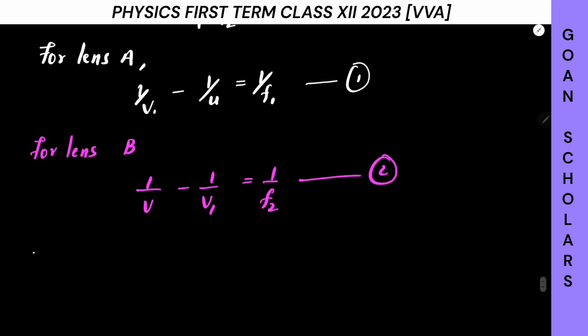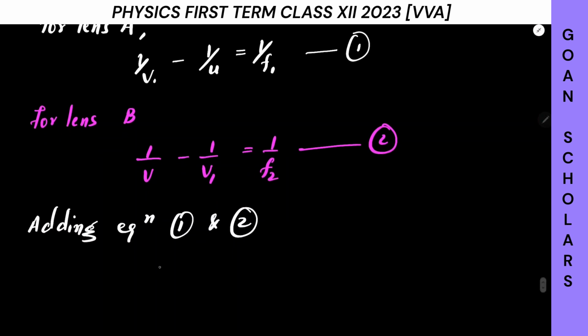Adding equation 1 and 2: 1 by V1 minus 1 by U plus 1 by V minus 1 by V1 equals 1 by F1 plus 1 by F2.